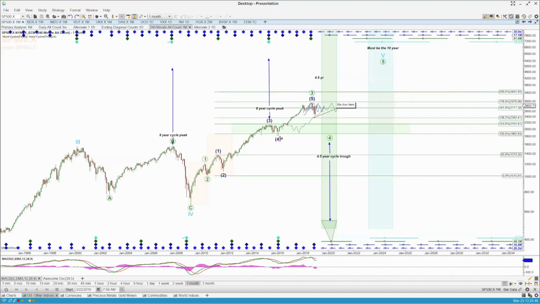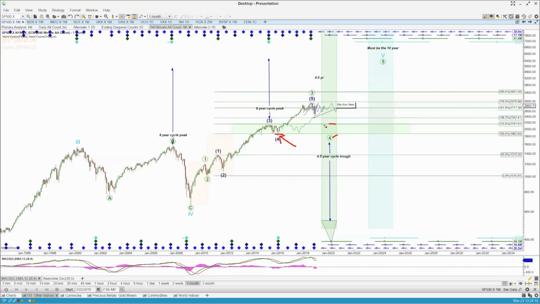Then there is also another Elliott wave guideline. It's not an absolute rule, it is a guideline, and guidelines are more commonly true than not, but what it says is that the wave 4 should revisit the vicinity of the wave 4 of one lesser degree.